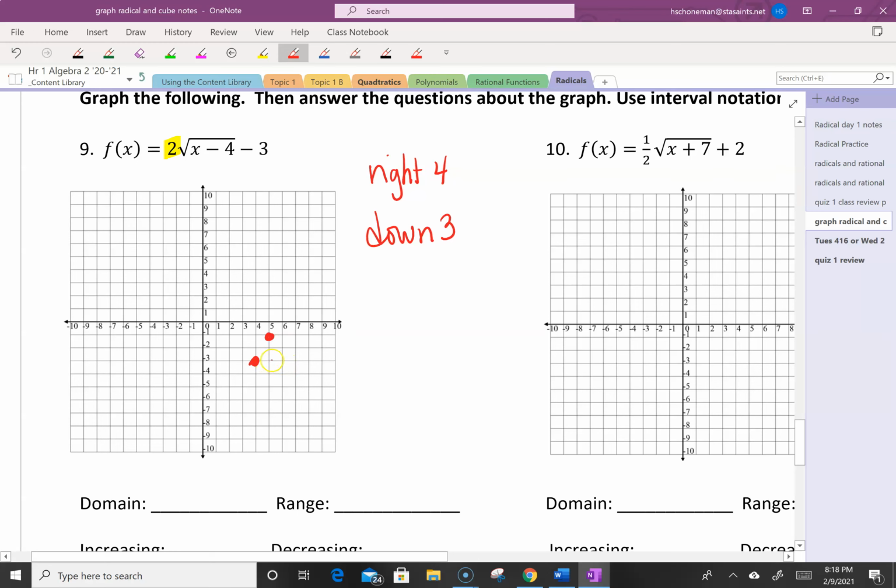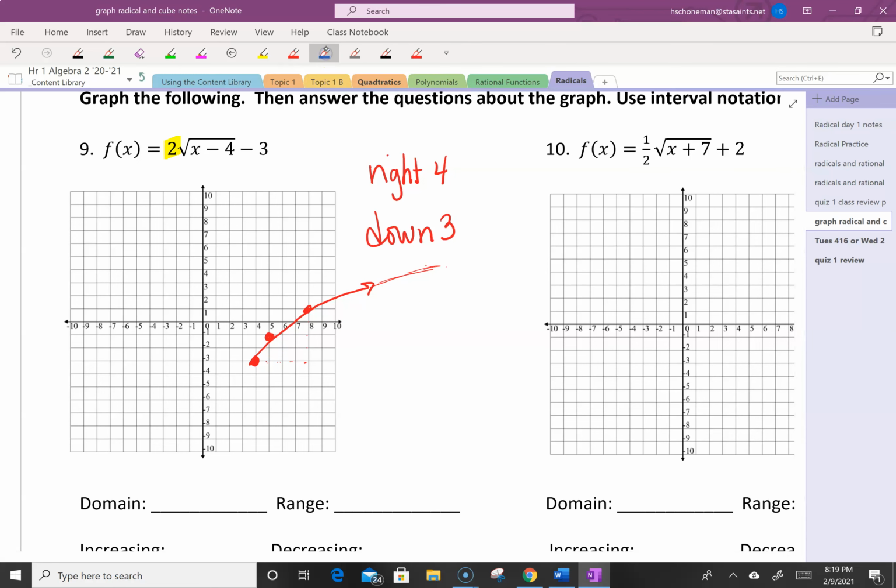And normally I'd go over 4 and up 2, but I got to double that, so I'm going to go up 4, because 2 times 2 is 4. Now, the last point doesn't fit on my graph, but if it did, I'd go over 9, and normally I'd go up 3, but I got to double it, so I'd go up 6, so it would be somewhere out here.